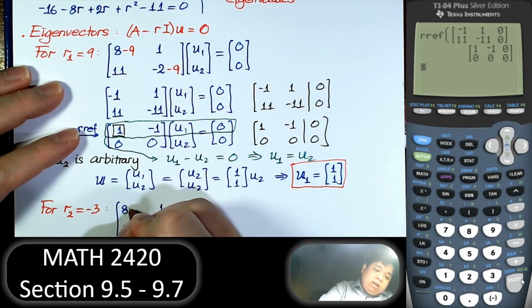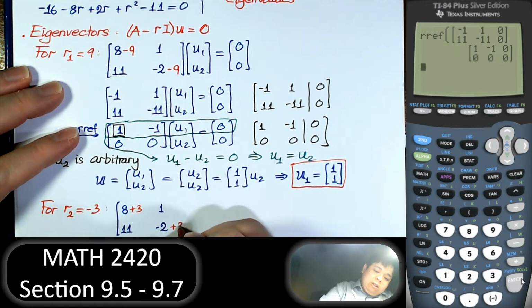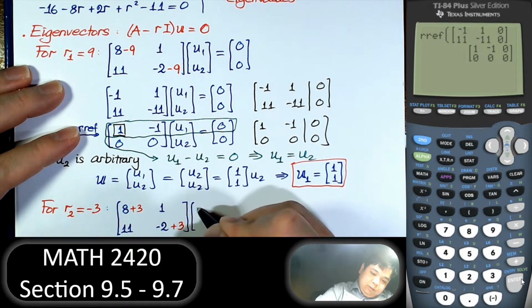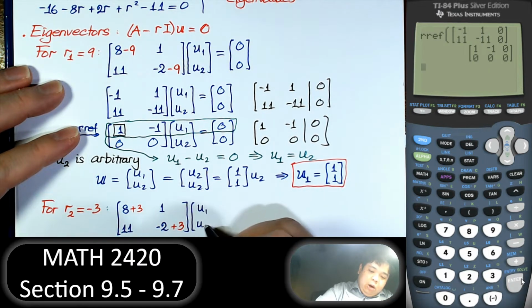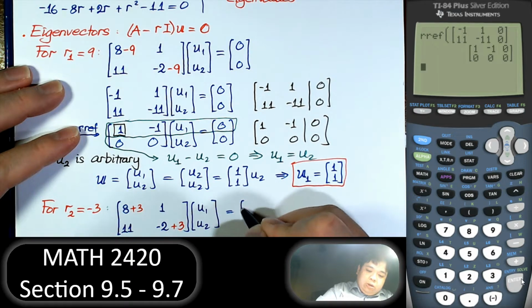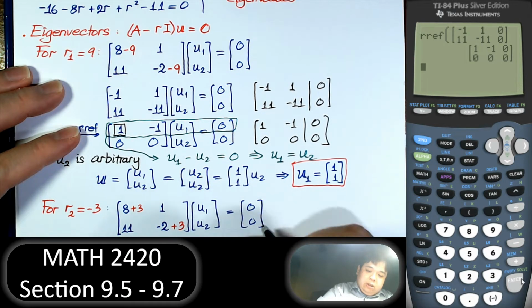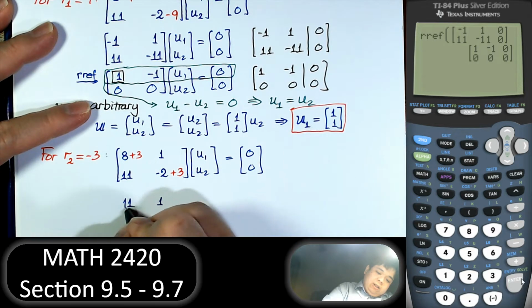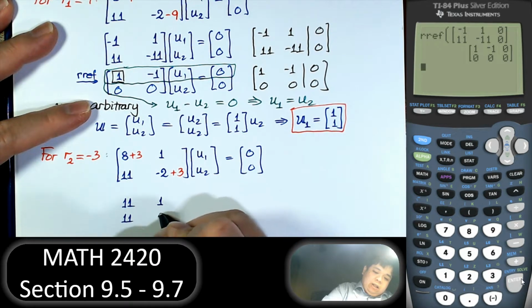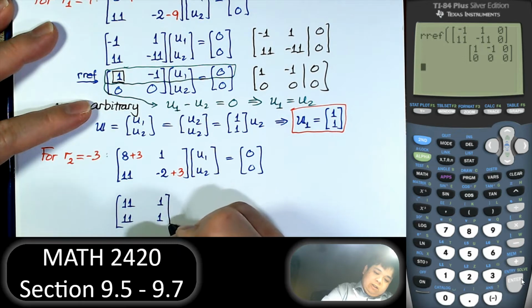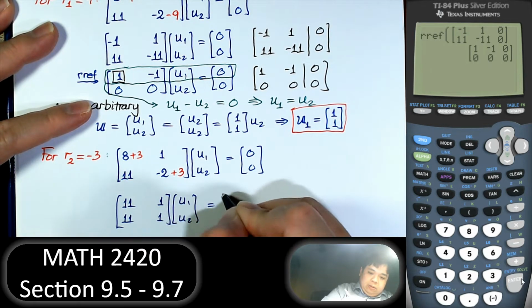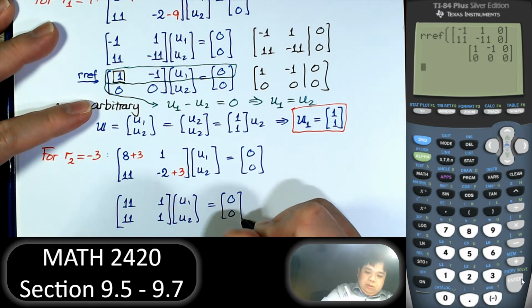Subtracting negative 3 means adding 3. So we have 11 and 1, 11 and 1, times U1, U2 equal to 0, 0.